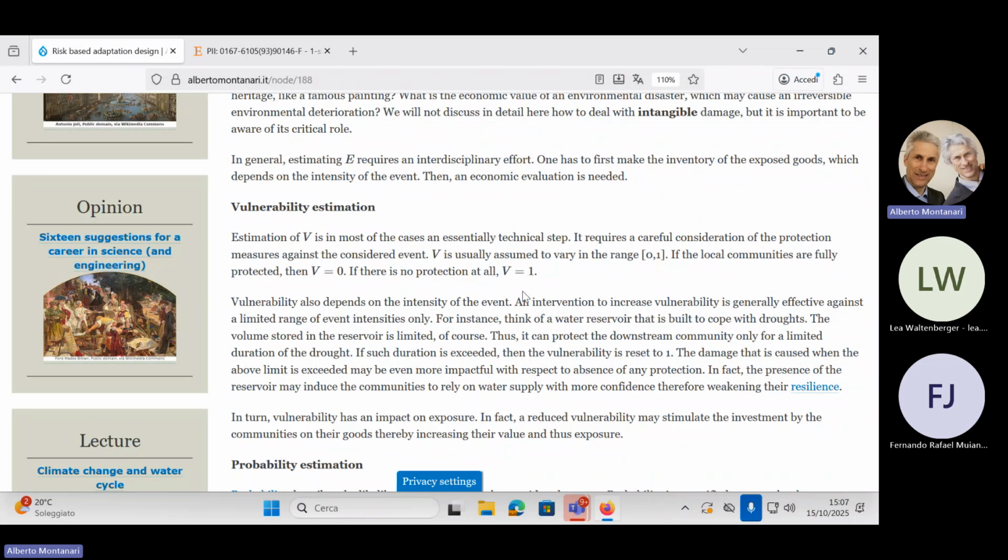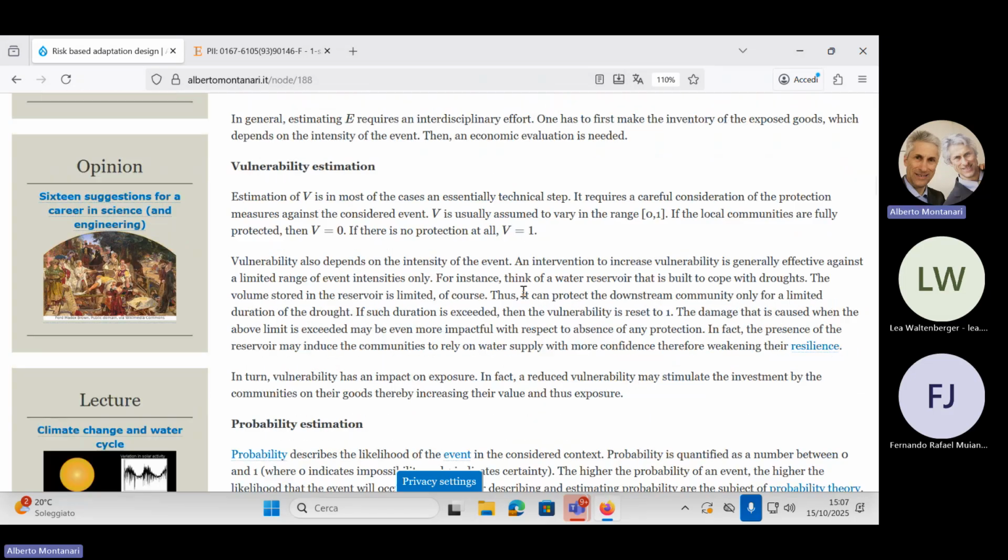So in the case of floods, I take a value of the river flow, for instance, the value with 100-year return period, and I have to estimate the chance that the flow remains between the levees or not. And therefore, it requires a careful evaluation of all the measures that are in place.